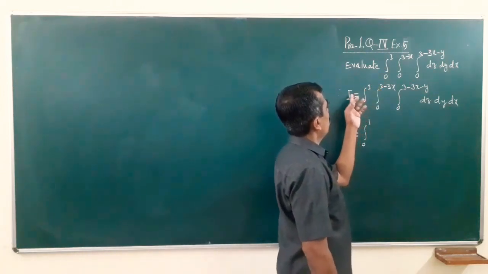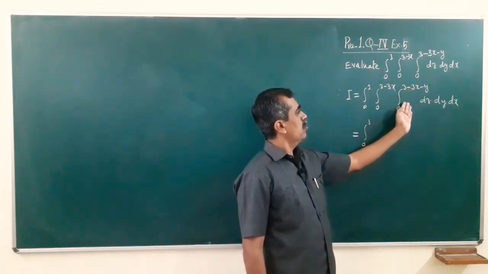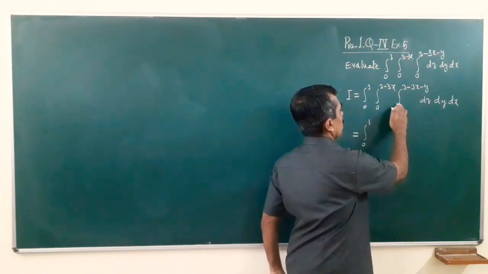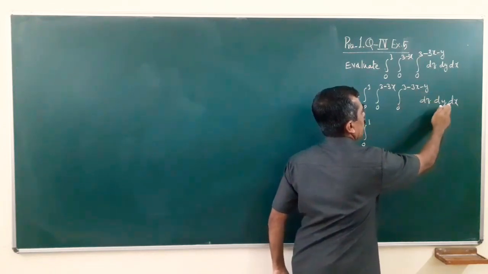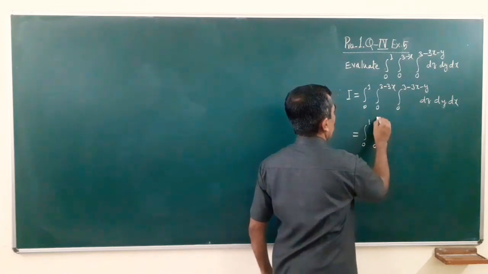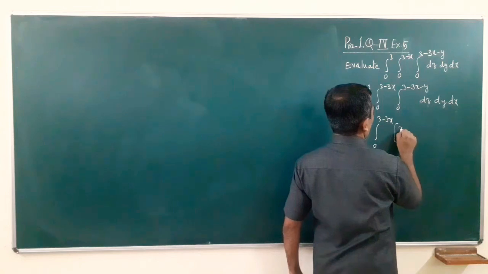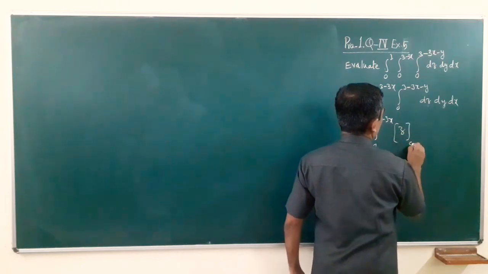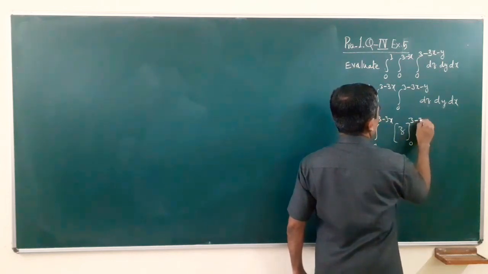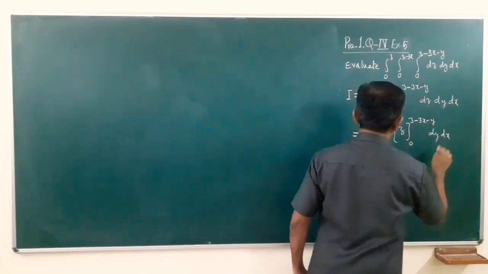Okay. So suppose I is equal to the given integral 0 to 1, 0 to 3 minus 3x, 0 to 3 minus 3x minus y, dz dy dx. So we will do this. So the integral of dz is z, from 0 to 3 minus 3x minus y, dy dx.